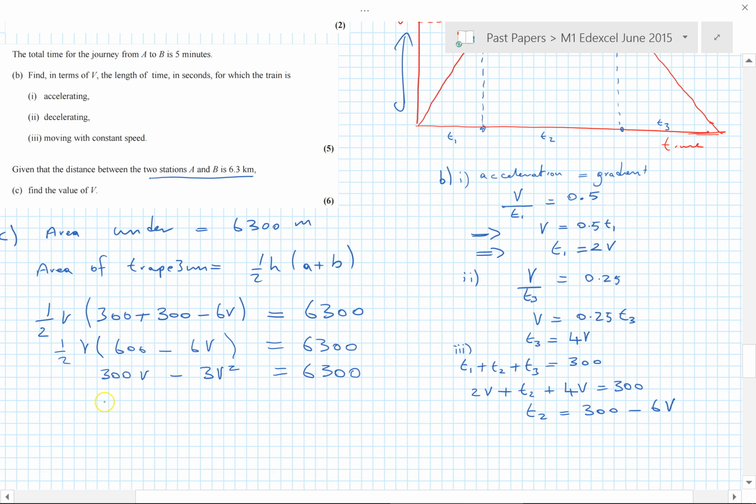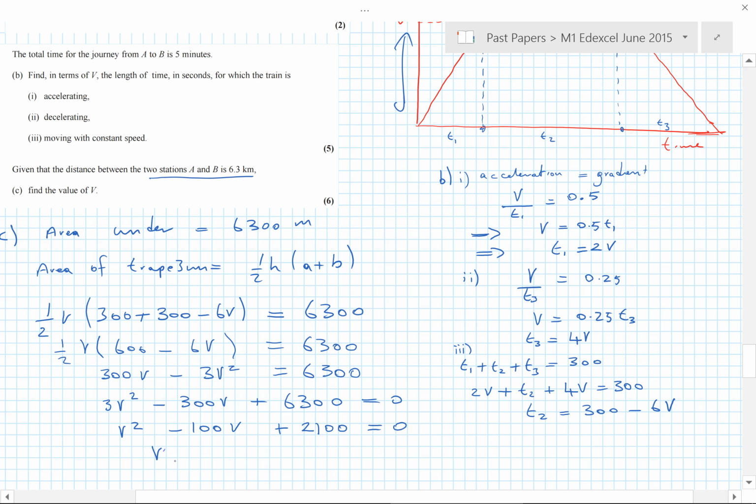So let's manipulate that carefully. 3V squared minus 300V plus 6,300. It's natural, we want to divide by 3. And that divided by 3 is going to be equal to 2,100.